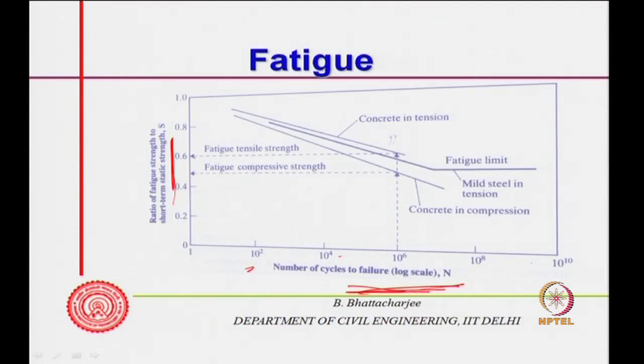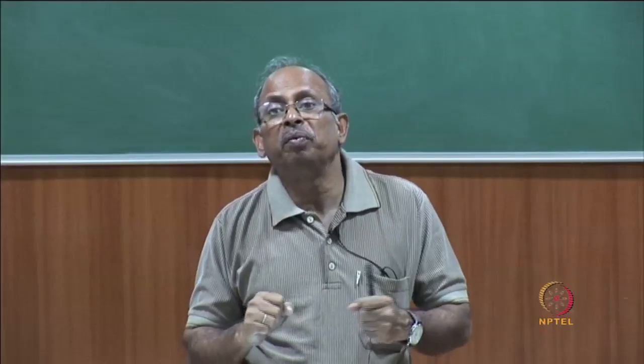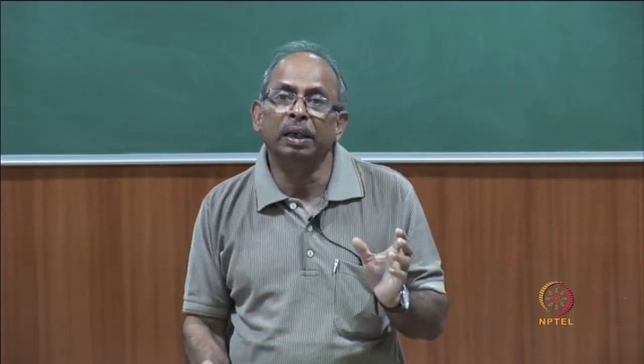In the case of steel, this is mild steel, in tension you do reversal of stresses, but beyond slightly above 10 to the power 6 or 7 cycles, the load at which reversal occurs is close to 0.4. So, around 250 MPa is the yield strength of mild steel.